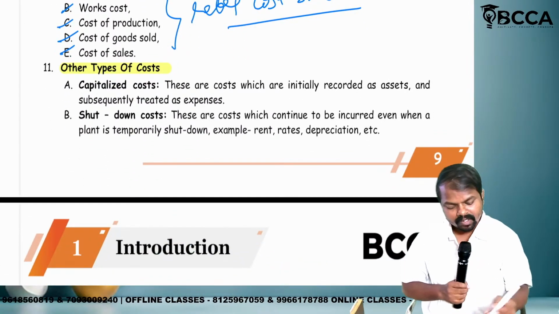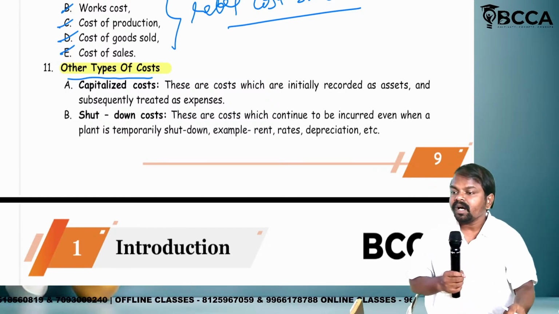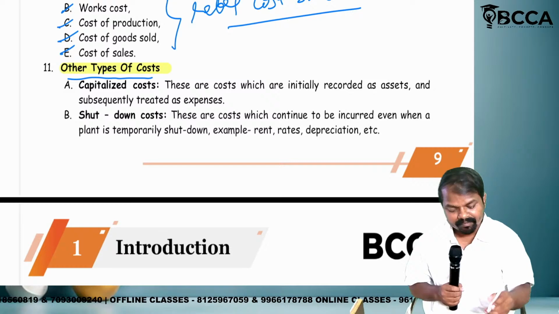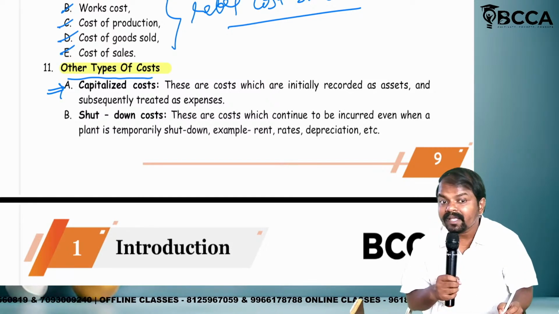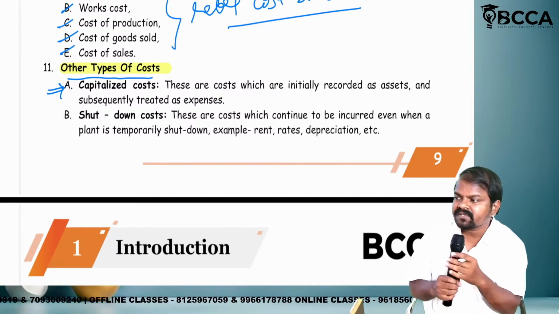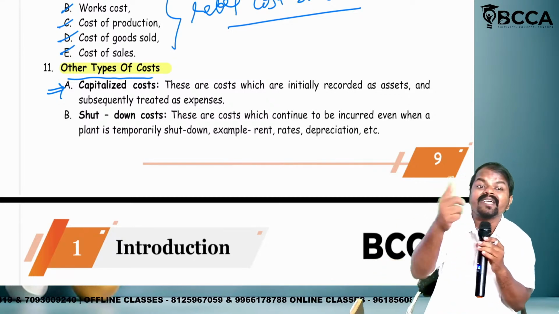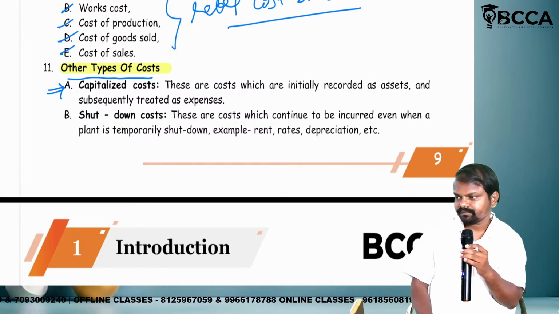Clear? Other types of cost. Number one, capitalized cost. The name itself indicates it. Capitalized means such cost is recorded as an asset, and in subsequent periods we claim depreciation.